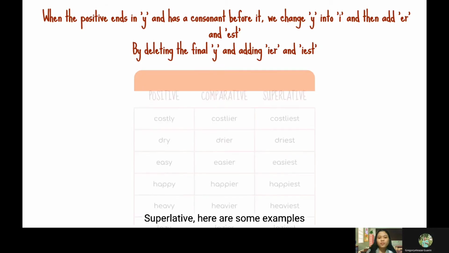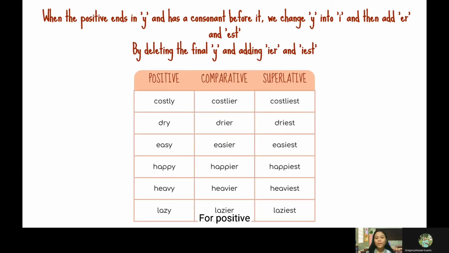Here are some examples. For positive, the positive word is costly. The comparative of it becomes costlier. We will change the Y to I, then we add ER, and the superlative of it becomes costliest.